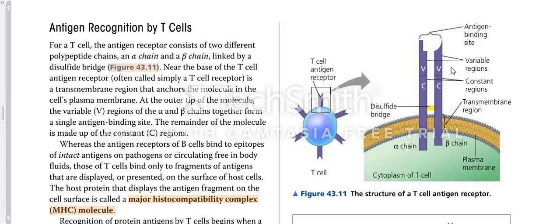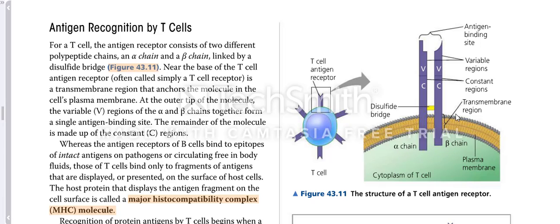You have constant regions and variable regions, and the variable regions up here are connected together to bind to the epitope of a pathogen. And the constant regions, which uniquely to a T cell contain a transmembrane region that binds to the plasma membrane of the T cell, are at the base, and you have two chains here. This is new to the T cell.